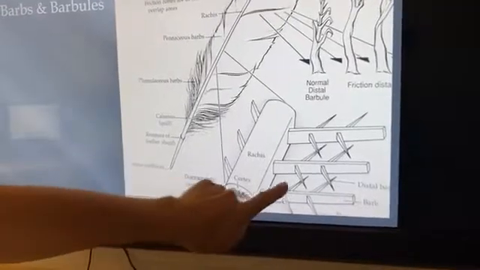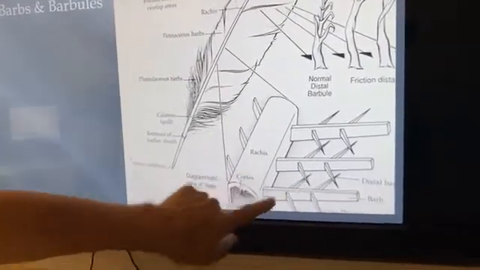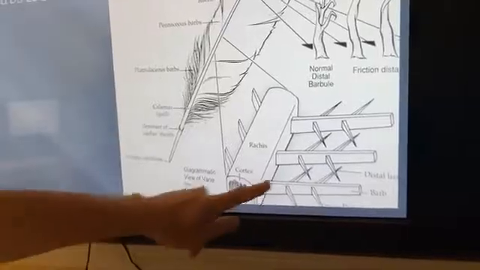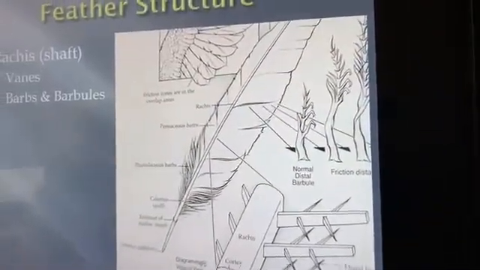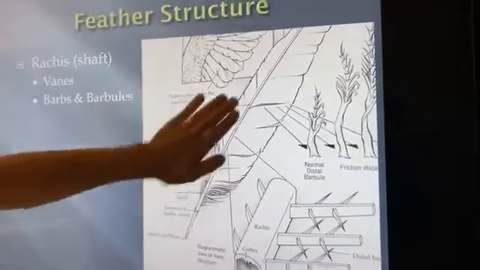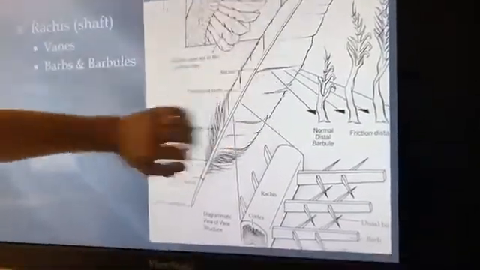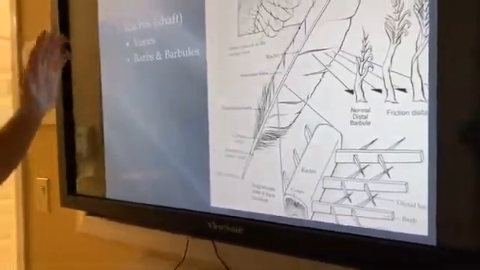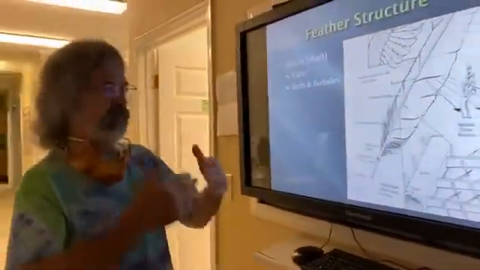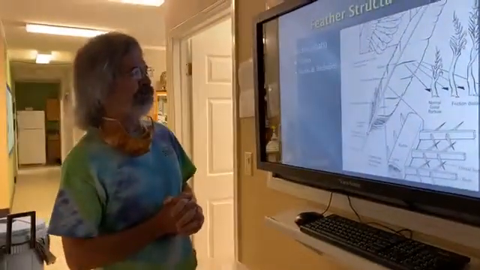And those barbs are interlocking by these barbules, two different kinds of barbules. Some are straight and some are hooked, like these up here. And so they interlock to form one solid shield, basically. One surface that allows the bird to either catch some air with it or protect itself.